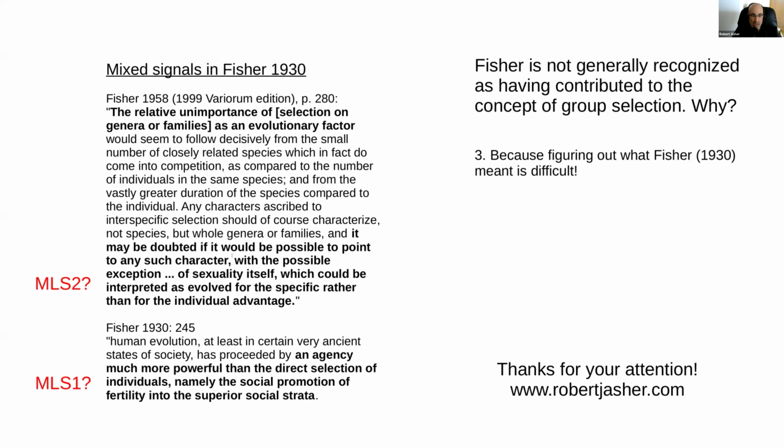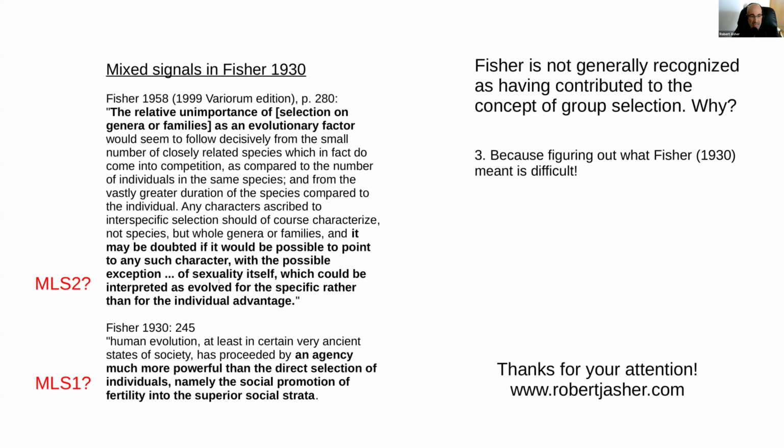And I want to end with these 2 quotes on page 280 in the second edition of The Genetical Theory. He writes about the unimportance of higher level selection: "It may be doubted if it would be possible to point to any such character with the possible exception of sexuality itself, which could be interpreted as evolved for a high level advantage rather than individual."